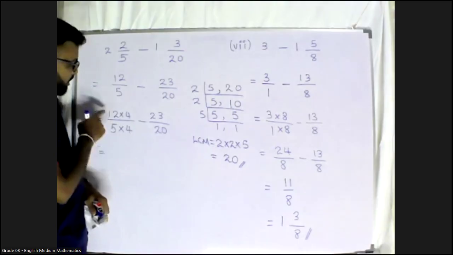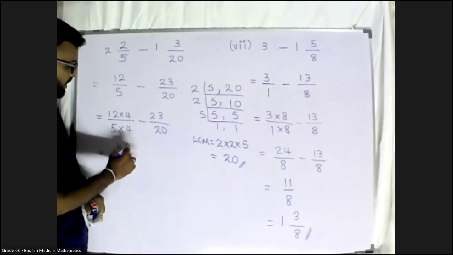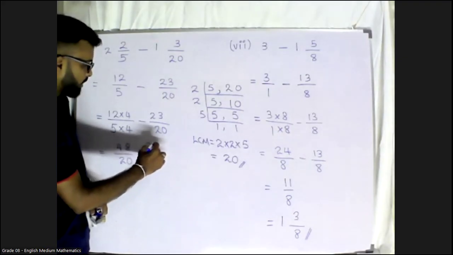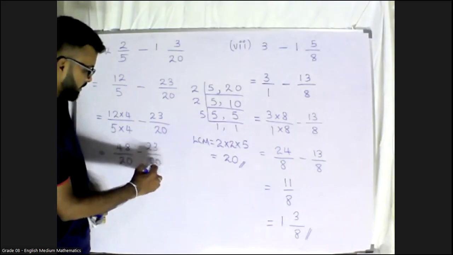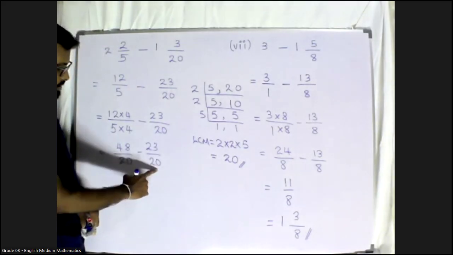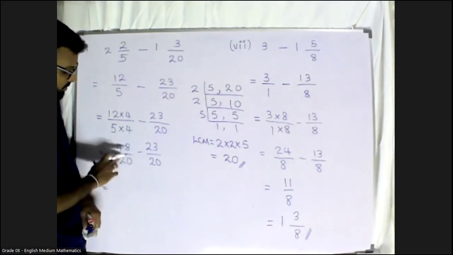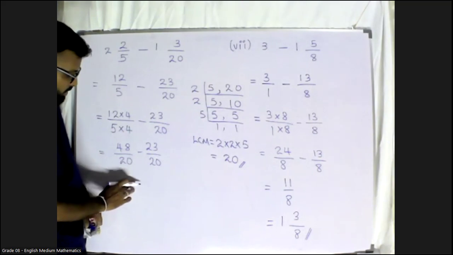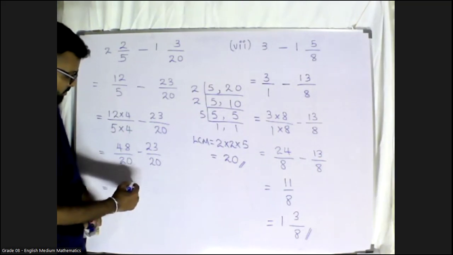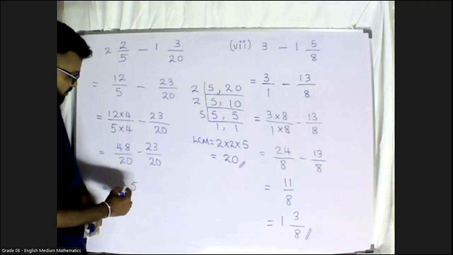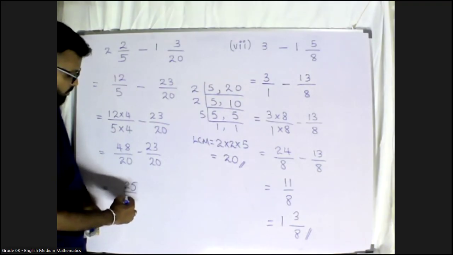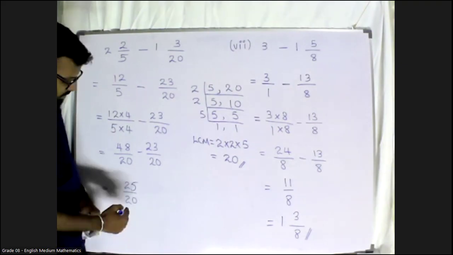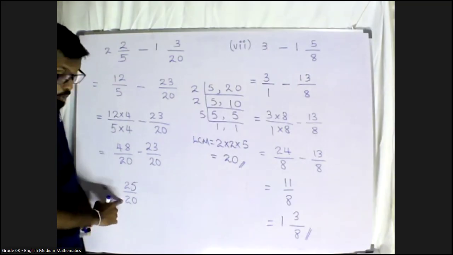12 times 4, 48. And the denominator is 20. 23 minus 20. Now check the denominators, both are the same. Forget the denominators, 48 minus 23. So it would be 25, 25 over 20. So this is an improper fraction.